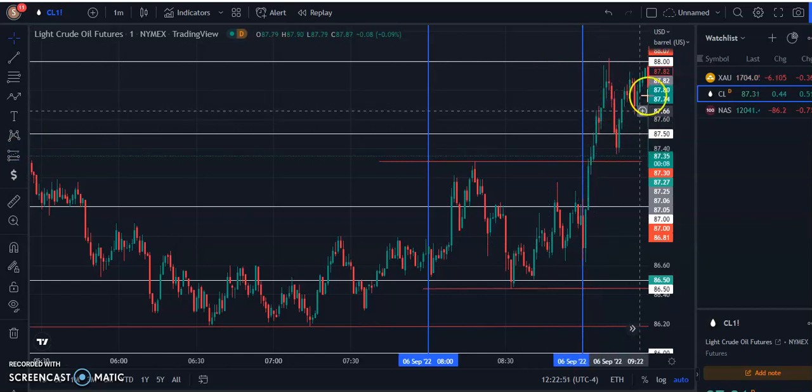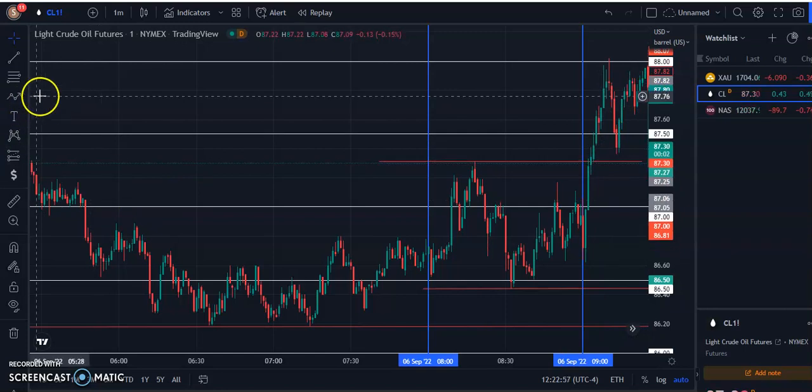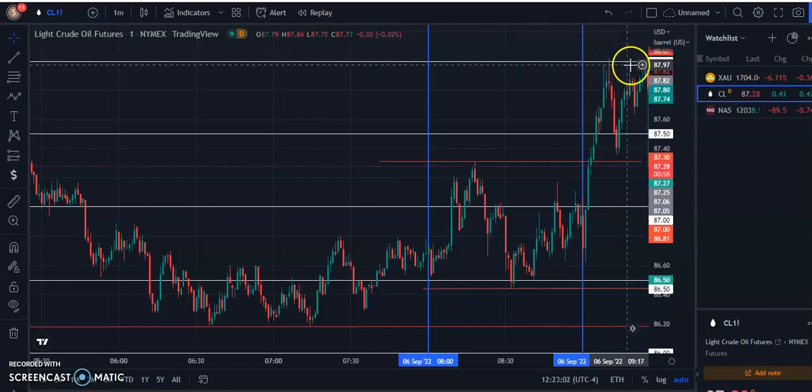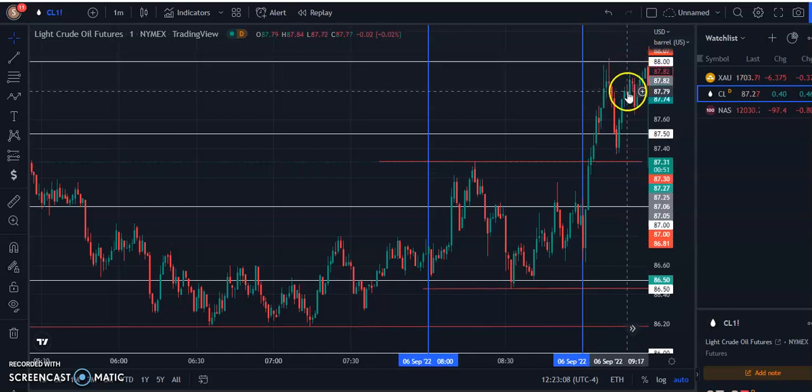Look at where the engulfment has formed. It has formed above. There is no imbalance. It has formed above, just at the high.